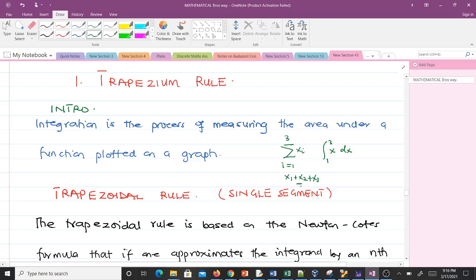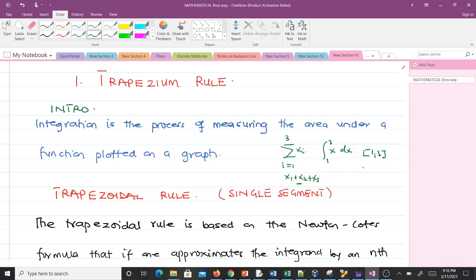You can see that with that one we have discrete points, discrete numbers. But when it comes to the integral, our interval is 1 to 3, and it is continuous. Every point between 1 and 3 is inclusive. So when it is discrete we sum, when it is continuous we integrate. That's the relation between summation and integration.